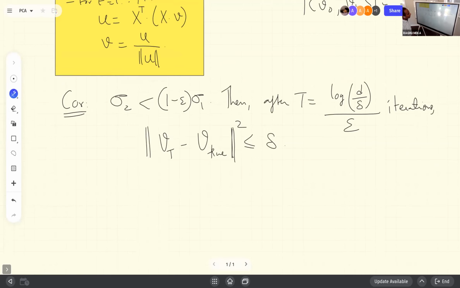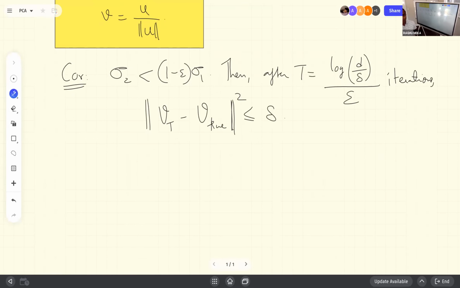Alright, so what we are saying is that you will converge to the top singular vector up to this guy. So I need to refine this statement too, which is to say that the vector minus the projection onto the span of V true, at iteration t, is going to be at most delta, right?